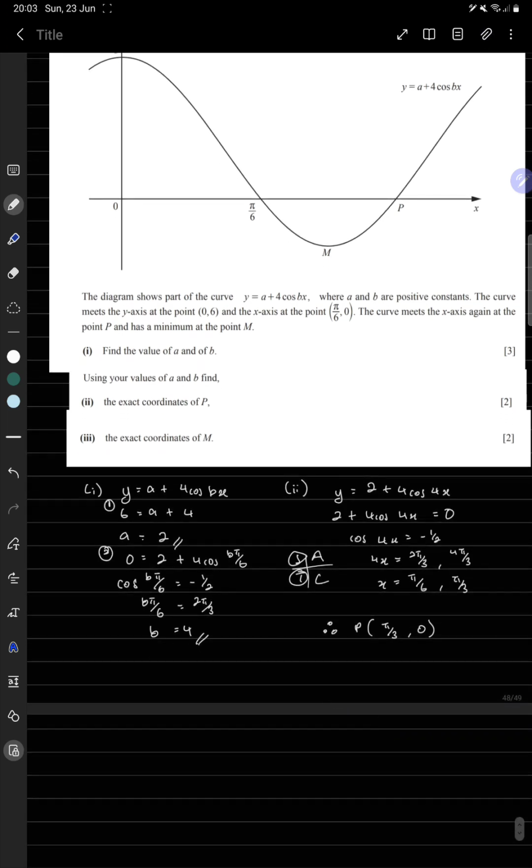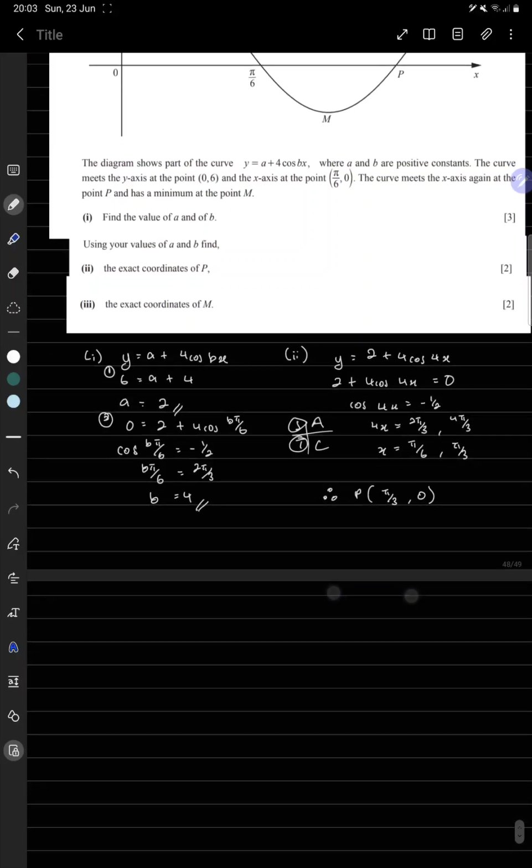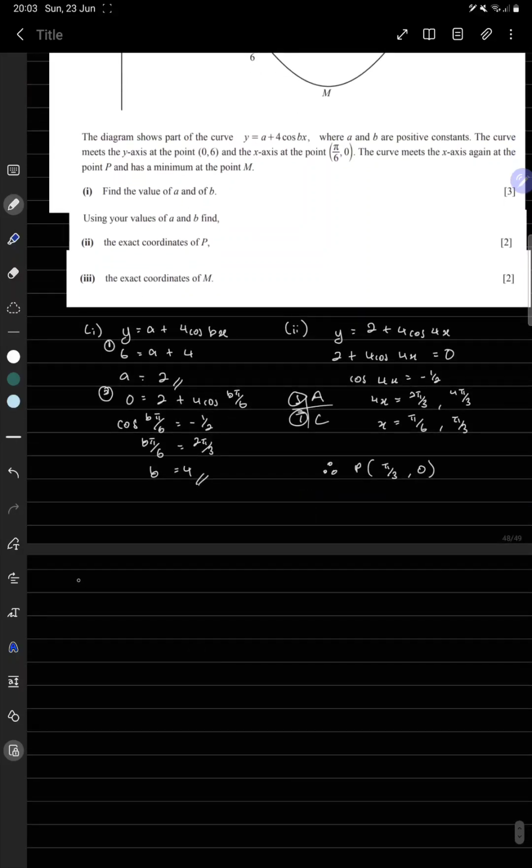We want to find the exact coordinates of M, and we know that M is the minimum point. If it's a minimum point, we're going to use differentiation. Using the equation y equals 2 plus 4 cos 4x, we're going to find dy over dx, which is going to become negative 16 sine 4x.